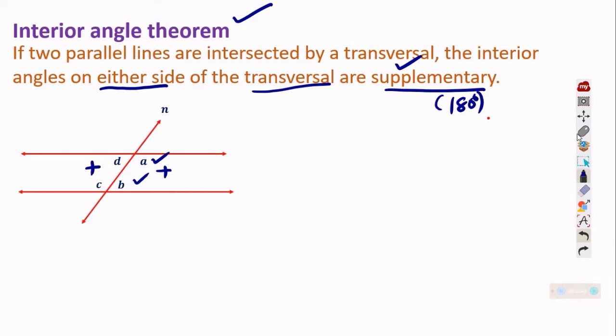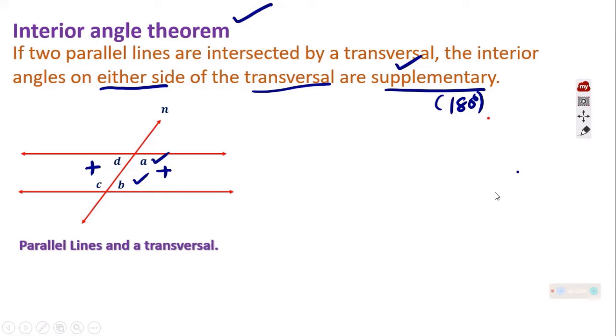We need to prove this theorem is right, or we need to make ourselves understand that what is said about the parallel lines and the transversal and the interior angle theorem is right. That is what we are going to understand now.